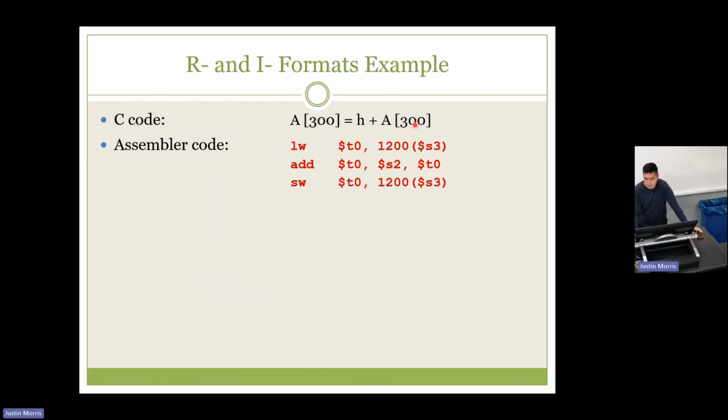This is our offset, 300 times 4, because one element is a word, and our base address is 3. That gives us the address of the data in the array A, the 300th element. Add to that data the variable h, and then store it back to that same address.